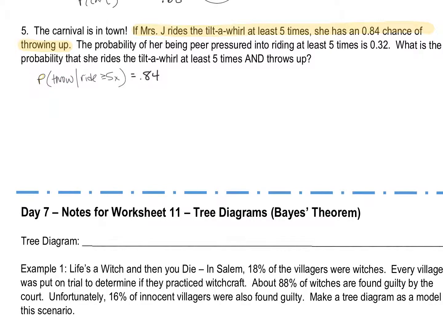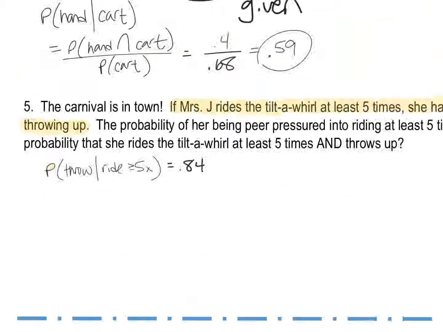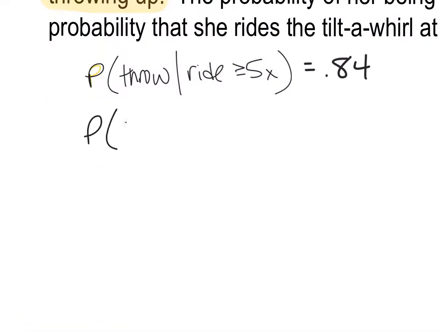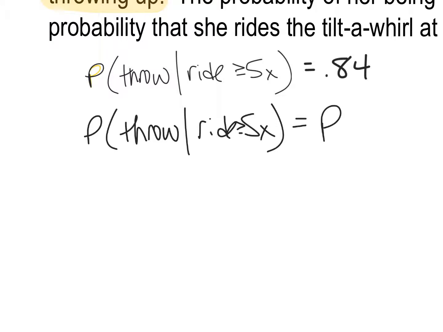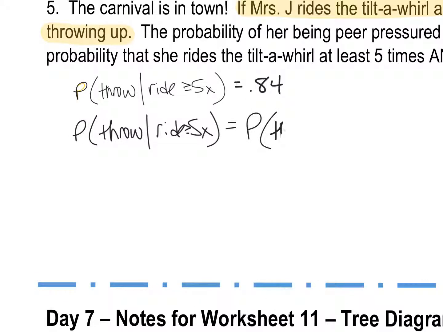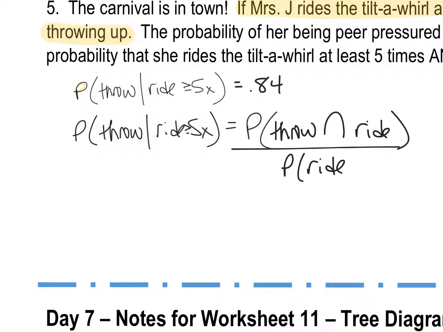is 0.84. And I also have a formula that I could use. So probability of throwing up given ride 5 times or more is the same as the probability of throwing up and ride, I'm just going to say ride greater than or equal to 5, divided by probability of ride.